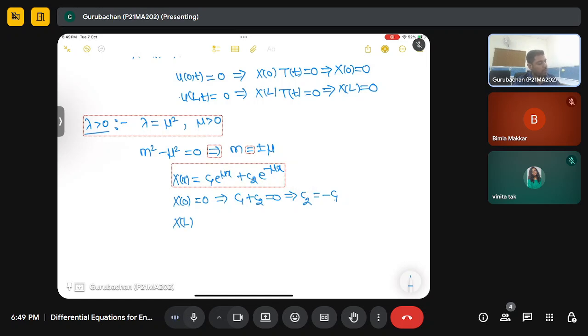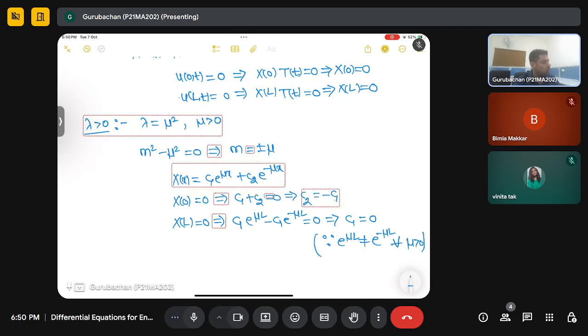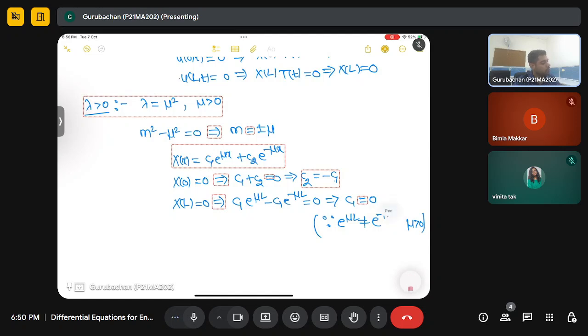So X(L) is 0, that means c1 e to the power mu L plus c2, which is minus c1, e to the power minus mu L is 0. This will imply c1 is 0, because e to the power mu L cannot be equal to e to the power minus mu L for any mu greater than 0.